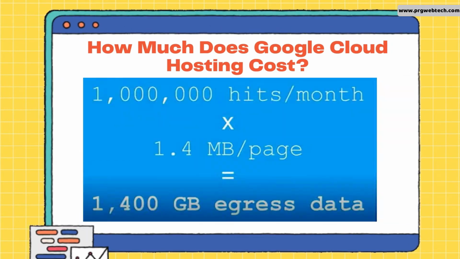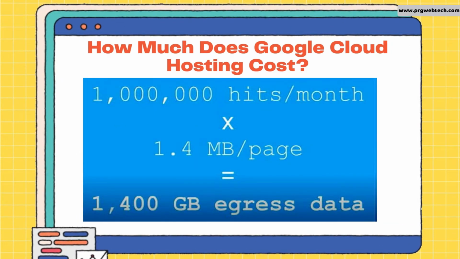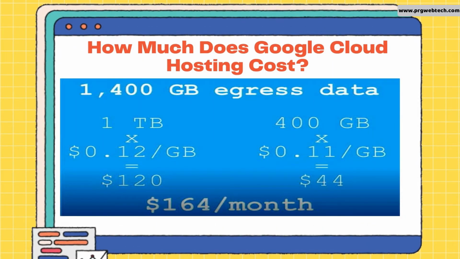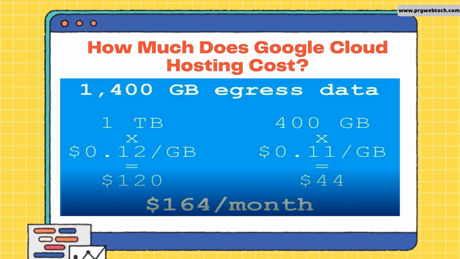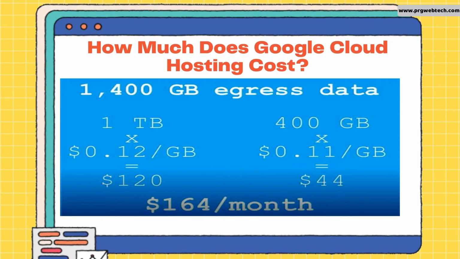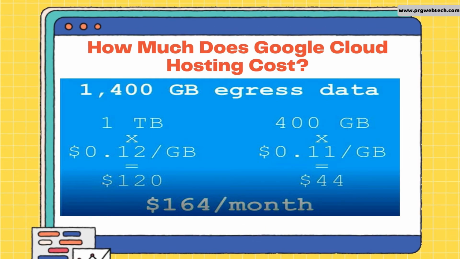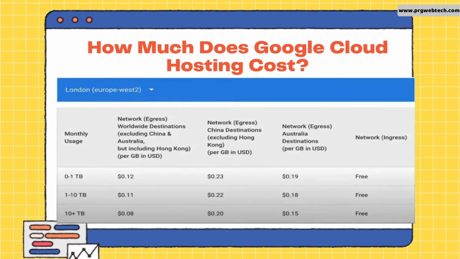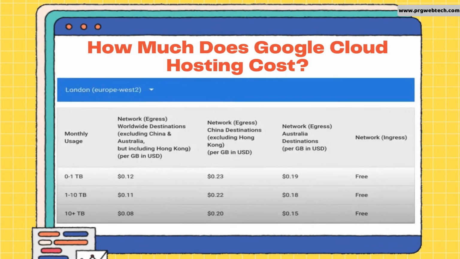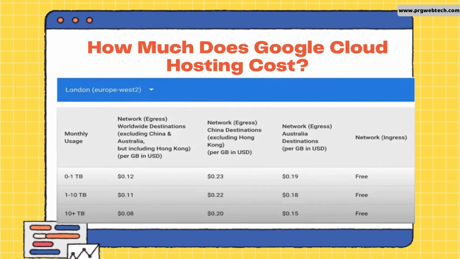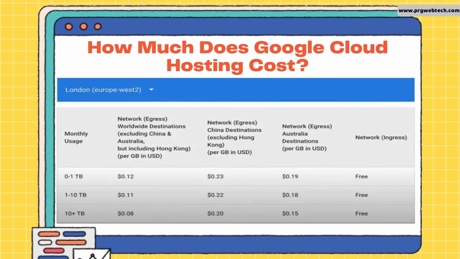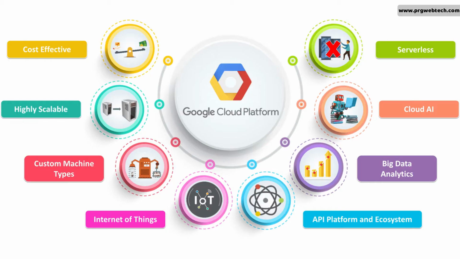If your website gets 1 million page views per month, you'll pay $166 for egress data: $120 for the first terabyte and $44 for the next 400 gigabytes. Keep in mind that this is pricing just for outgoing network traffic. In situations where you are not taking advantage of the free tier, websites will typically have to pay hosting fees on top of this. So Google Cloud Platform is one of the most premium hosting infrastructures available today, and this does not come without a cost.